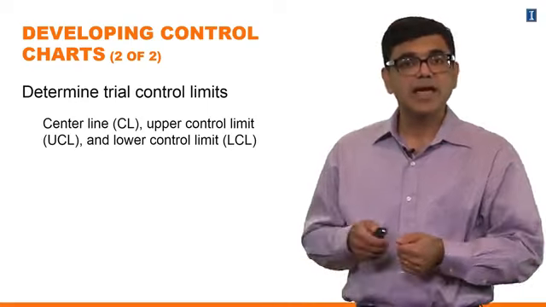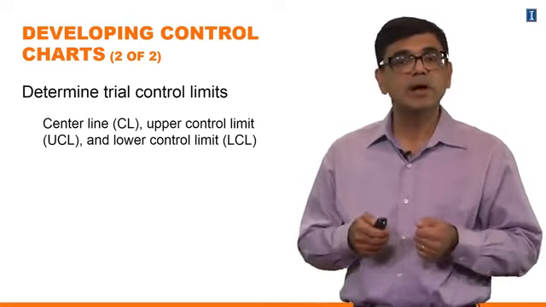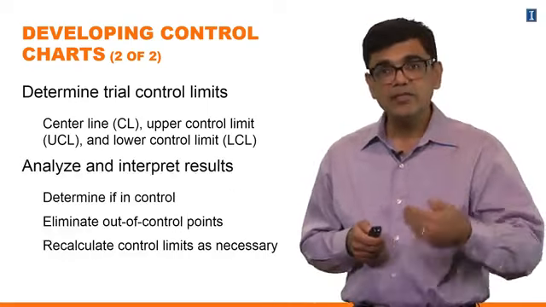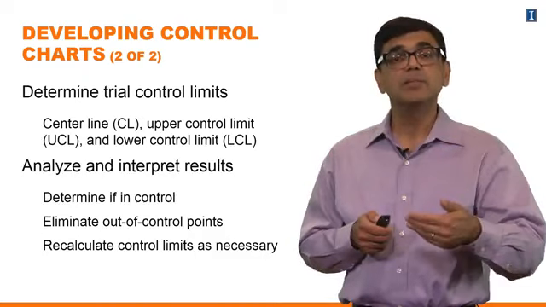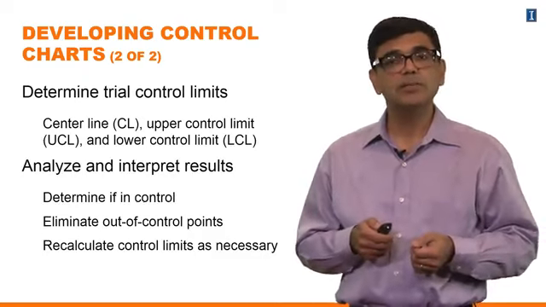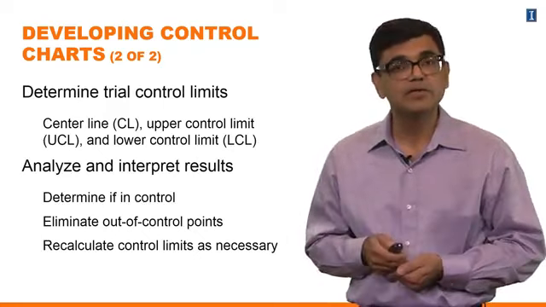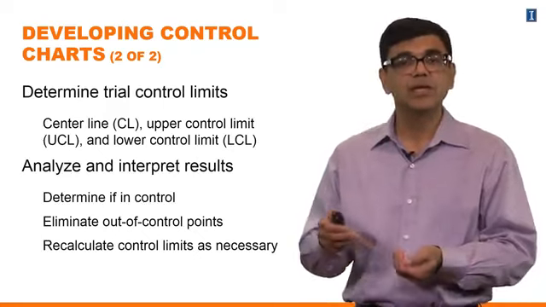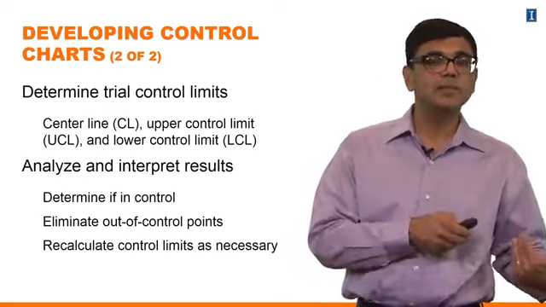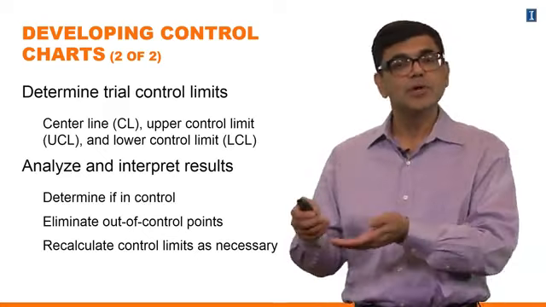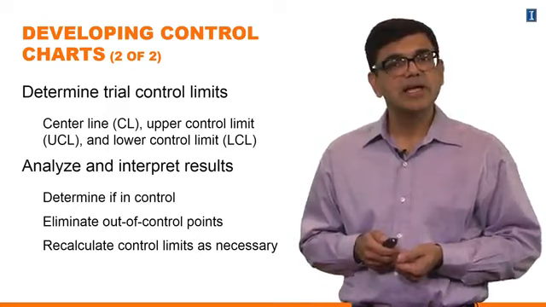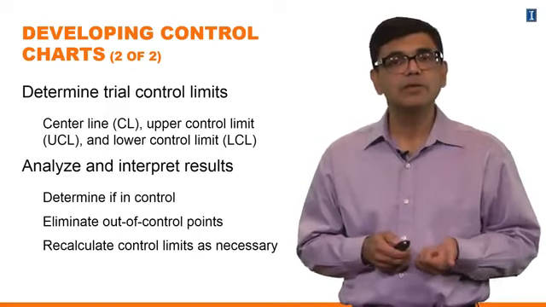And the reason to call it trial control limits is if in the process of coming up with these control limits, you find that there are points outside of the control limits, right? So you make the control chart and then you go back and you plot the points that you had used to come up with these control limits, and you find points outside of the control limits.